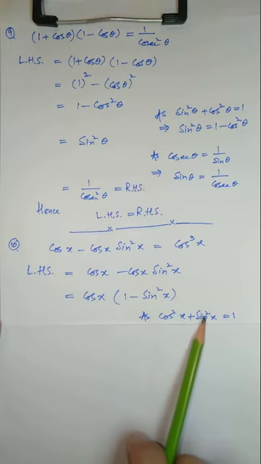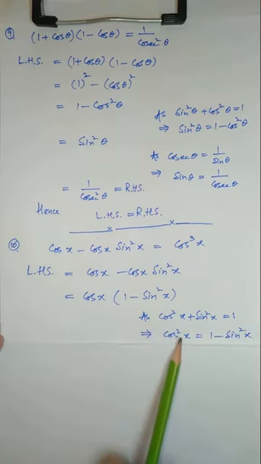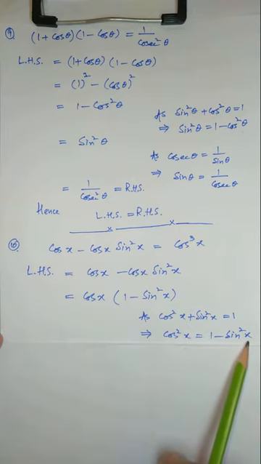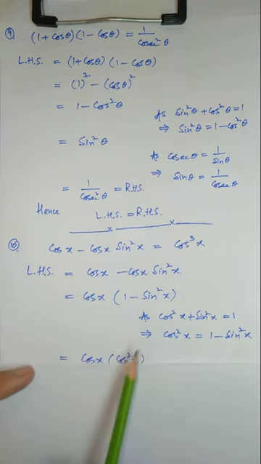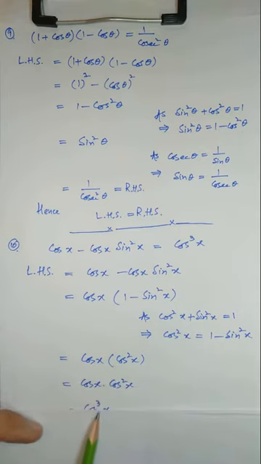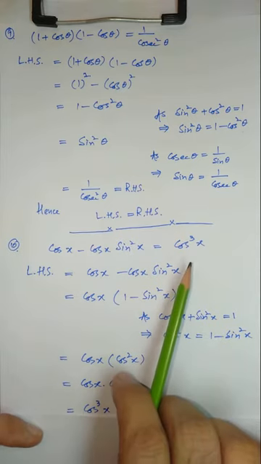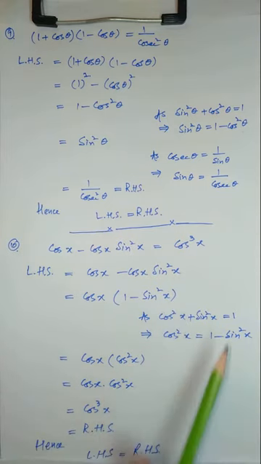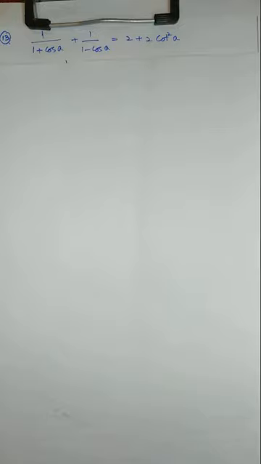So shift sin square x to the other side. Cos square x is equal to 1 minus sin square x. Now putting the value, this is equal to cos x and cos square x. So multiplying these two terms, which is equal to cos cube x, which is the right hand side. So left hand side is equal to right hand side.